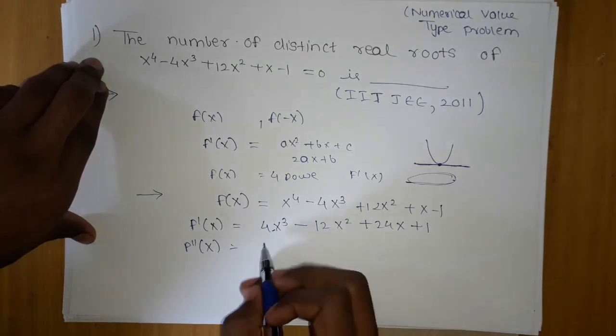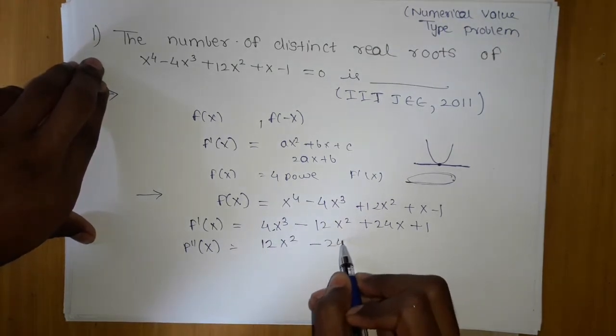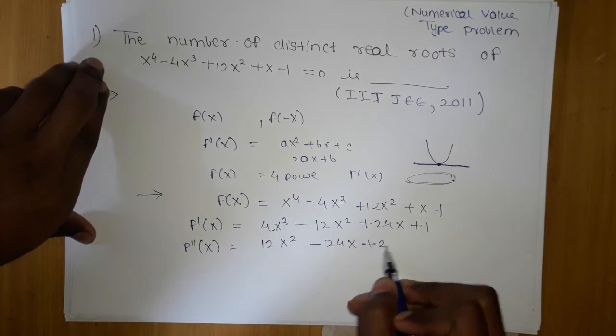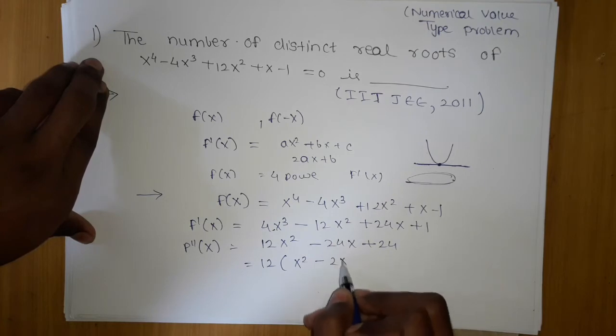What do I have? 12x square minus 24x plus 24. If I take 12 outside, what I have is x square minus 2x plus 2.